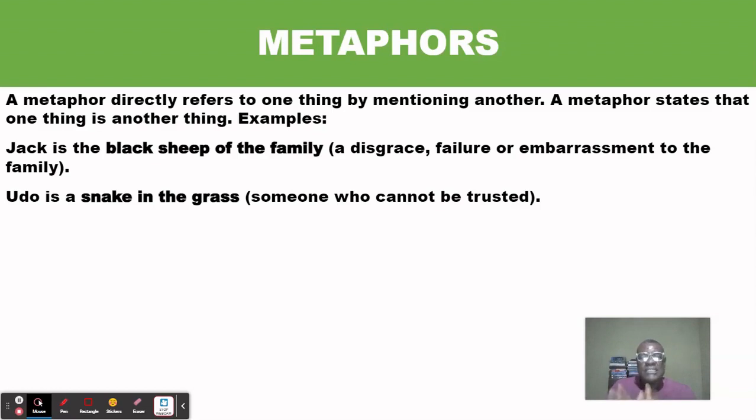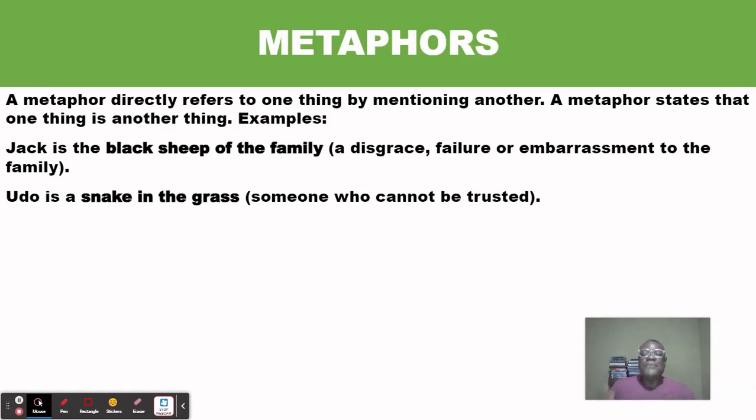Now, Udo is a snake in the grass. When you look at some of the things that are used as metaphors, you see that the substitute, something that is used to describe, is actually a figure of description by substitution.